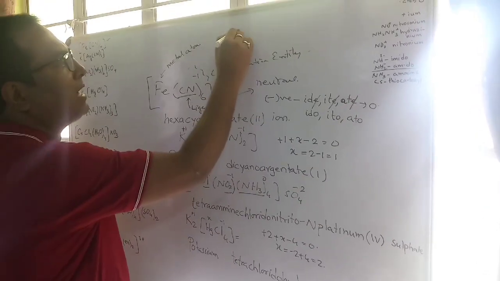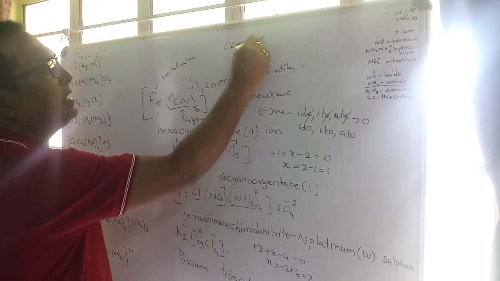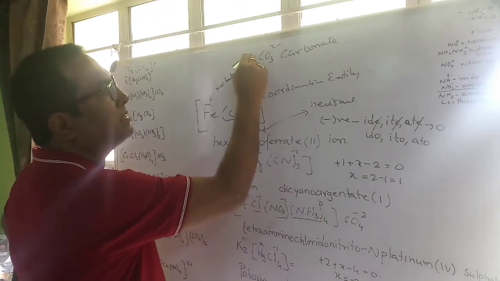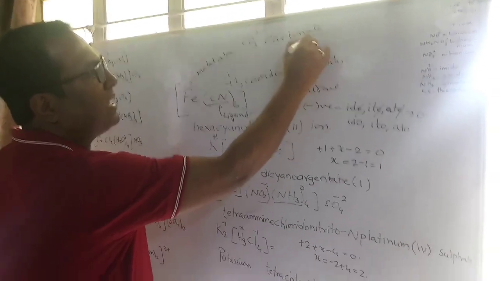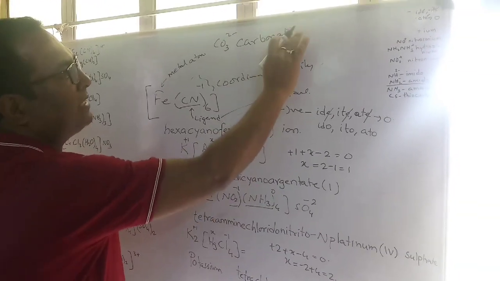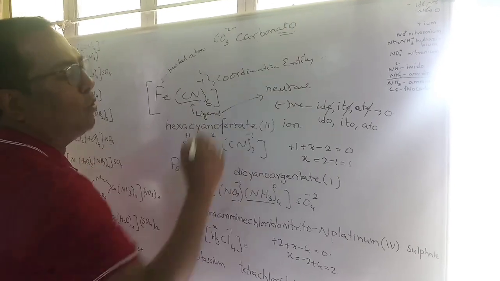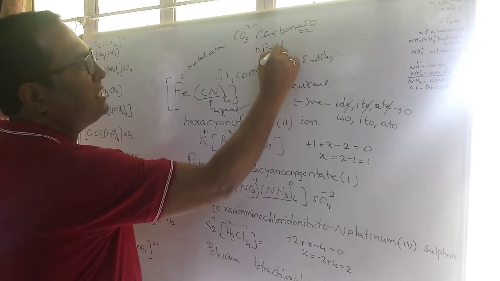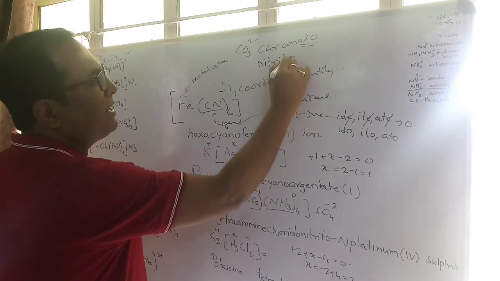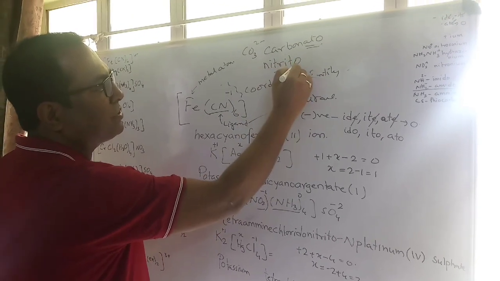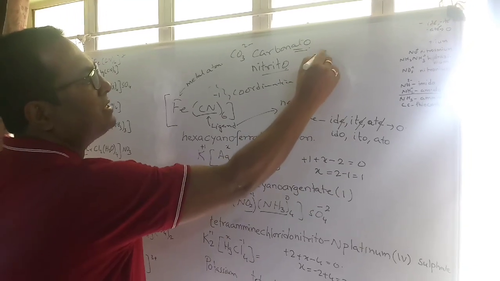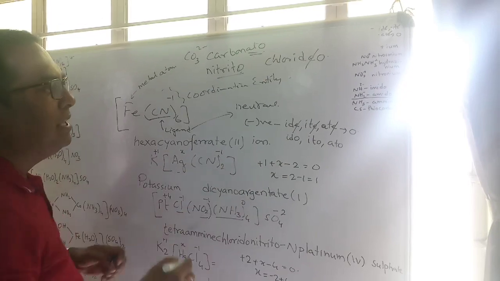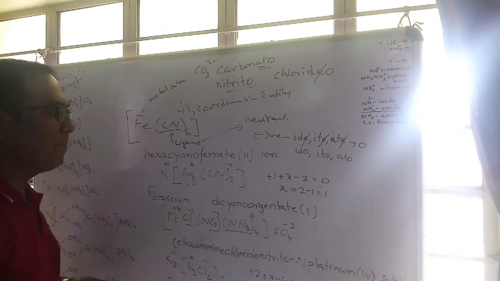For example, carbonate, CO3 2 minus, ending with ATE, I will write as carbonato. Nitrito instead of nitrite, chlorido: chloride, cut this E and add O. All this we have discussed before.